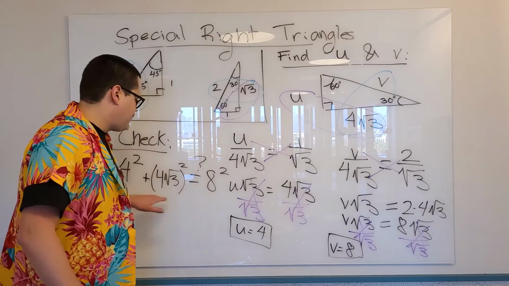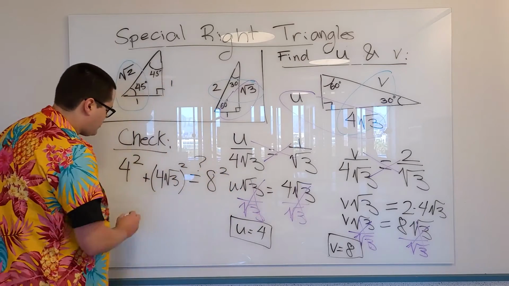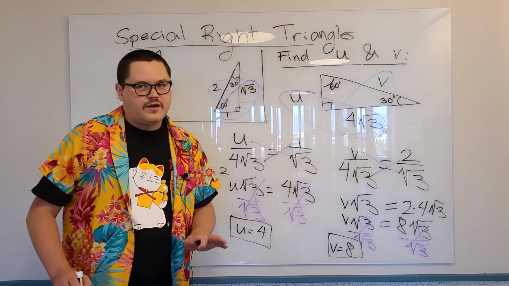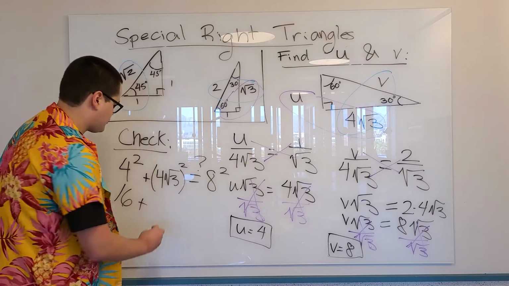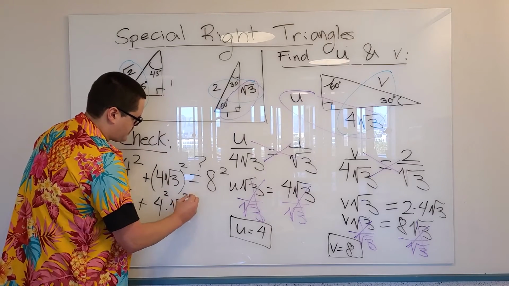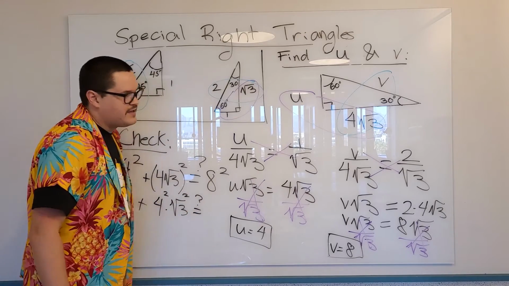Well, does this squared plus this squared equal 8 squared? Let's find out. So 4 squared, 4 times 4 is 16. This squared, remember, we have to distribute the square, so this is 4 squared times square root of 3 squared. And then 8 squared, 8 times 8, is 64.